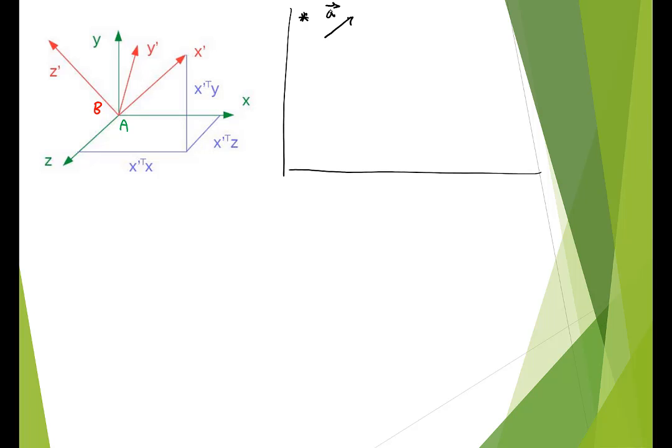Remember that we have the projection of a vector defined as the norm of that vector, its length, times cosine of theta, the angle between these two. This is called projection.